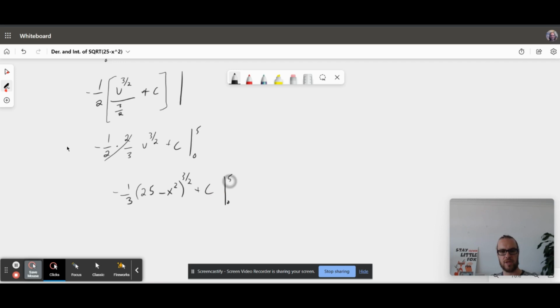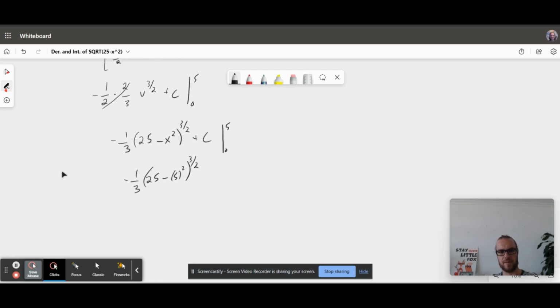Now, hopefully by this point you remember as well that if we're evaluating a definite integral, the c doesn't really matter because we're going to end up adding and subtracting that same constant value. So at this point we can choose to ignore it and simply plug in our evaluation. So we're going to get negative 1/3 multiplied by 25 minus 5 squared, all to the power of 3/2.